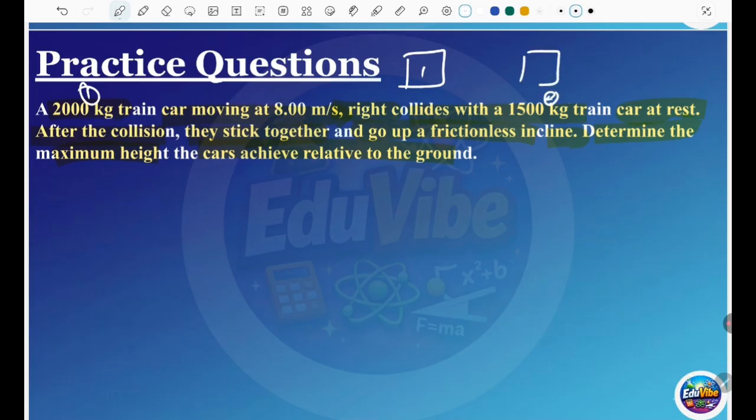This cart remains at rest. The first car moves with a velocity of 8.0 meters per second, and when they collide with each other, they stick together and go over that red line. We have to find the maximum height they reach related to the ground.